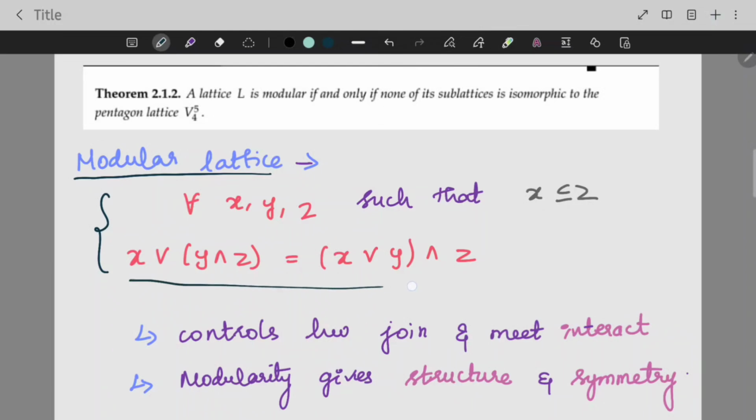This property is similar to the associative property we studied in high school. Now, let's see why the modular lattice is so important. The reason is that it controls how join and meet interact, and modularity gives structure and symmetry.